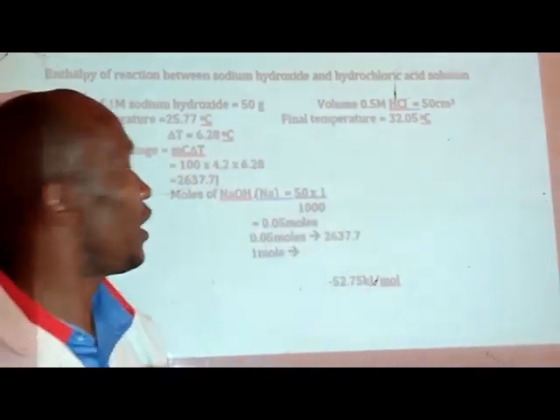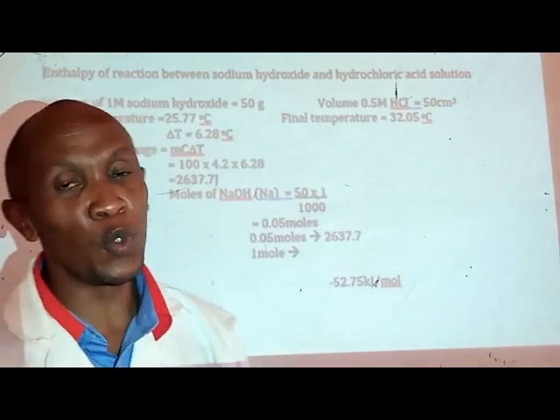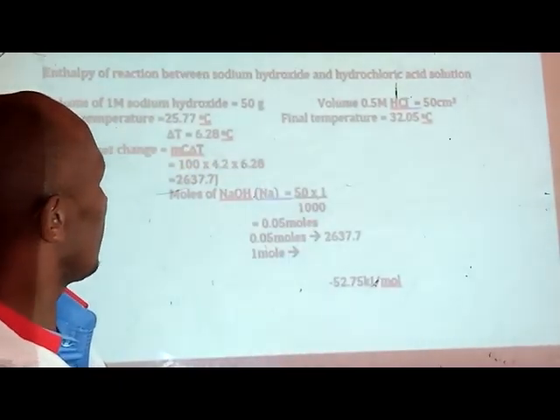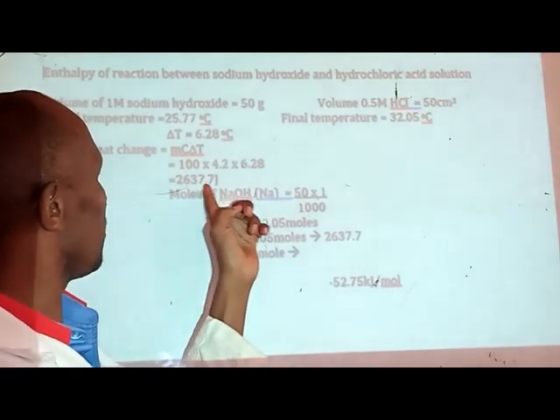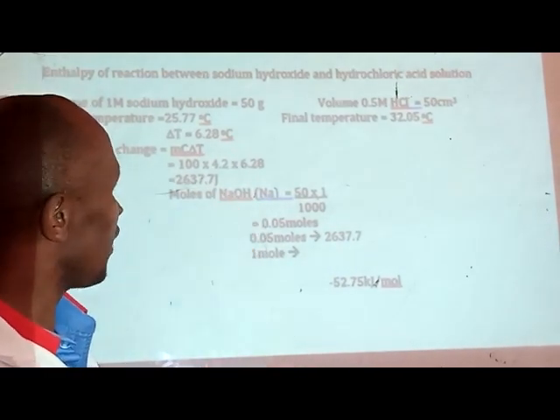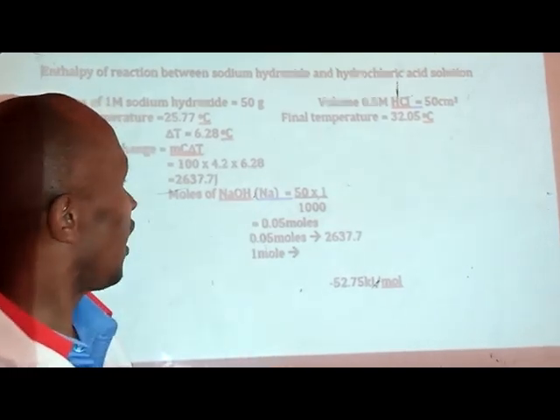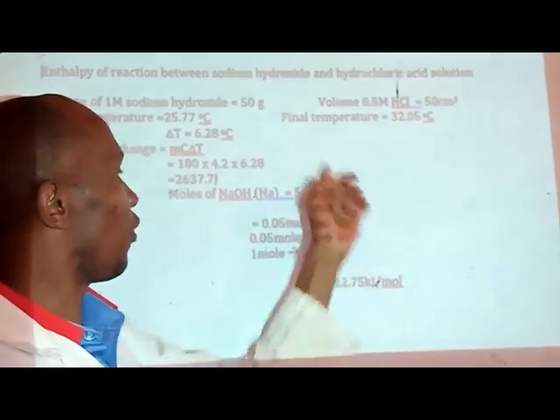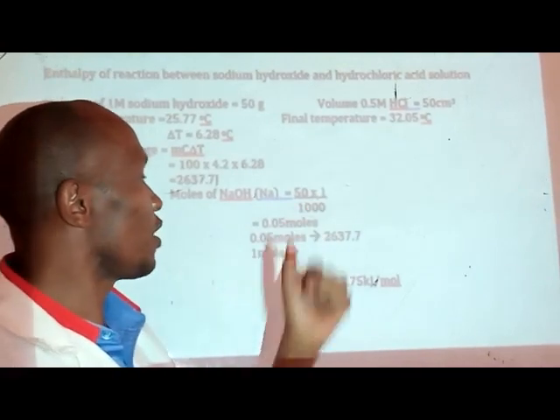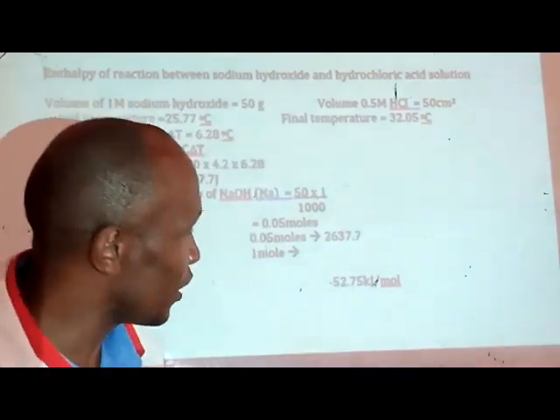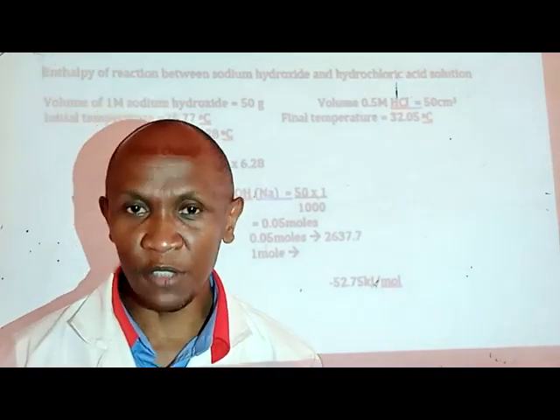So the temperature change is 6.28 degrees Celsius. What about the amount of energy produced? I got 2637.7 joules for this number of moles, that's 0.05. So 1 mole will give me negative 52.75 kilojoules.